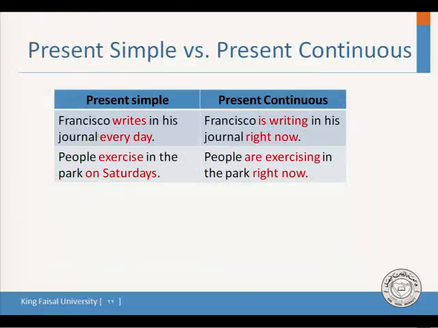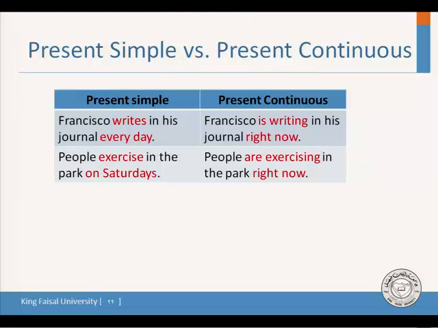Now, let's compare the present simple and the present continuous. Look at the first sentence. Francisco writes in his journal, in his notebook, every day, always, every day, writes. He writes on Saturday, he writes on Sunday, on Monday, and so on. But Francisco is writing in his journal now, right now. Is writing.